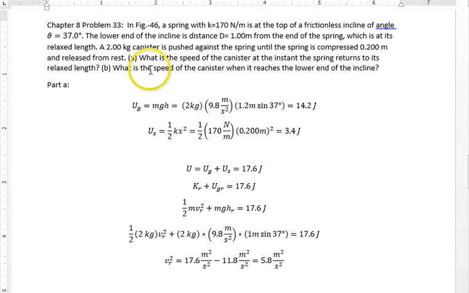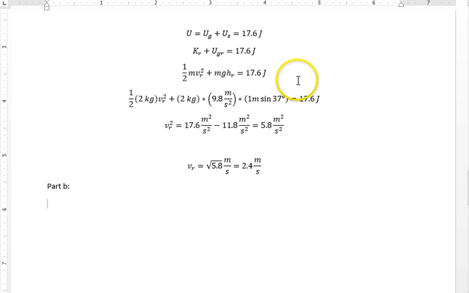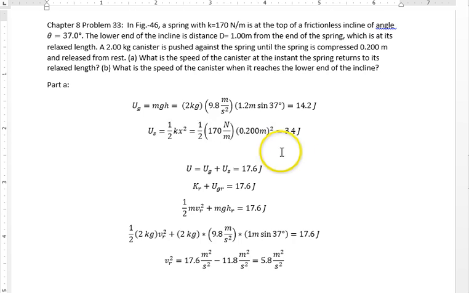All right, part B. What is the speed of the canister when it reaches the lower end of the incline? At the lower end, we have kinetic energy, 1/2 mass times v at the lower end squared. Everything at this point has been converted into kinetic energy. All the potential energy is converted over. The spring has long since been converted over to kinetic energy. So we're looking for total kinetic energy equal to the total energy we started with at the beginning of the problem.